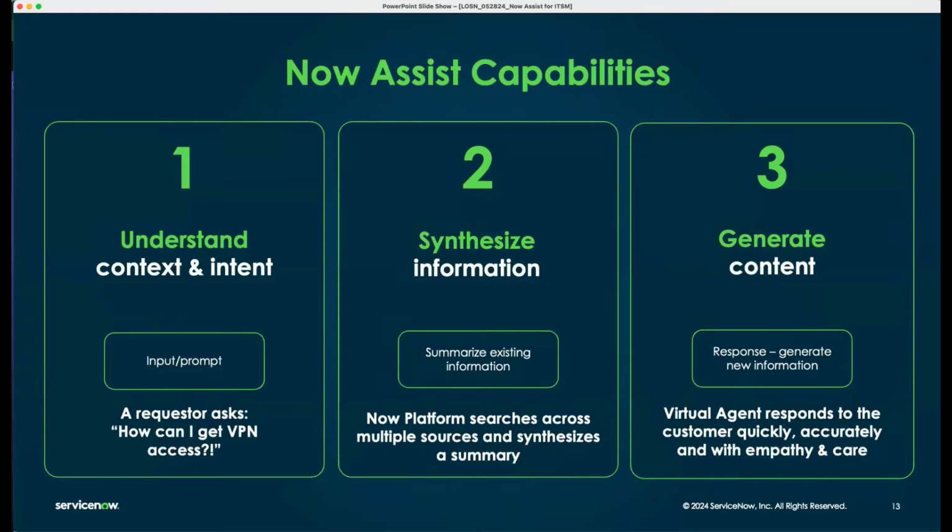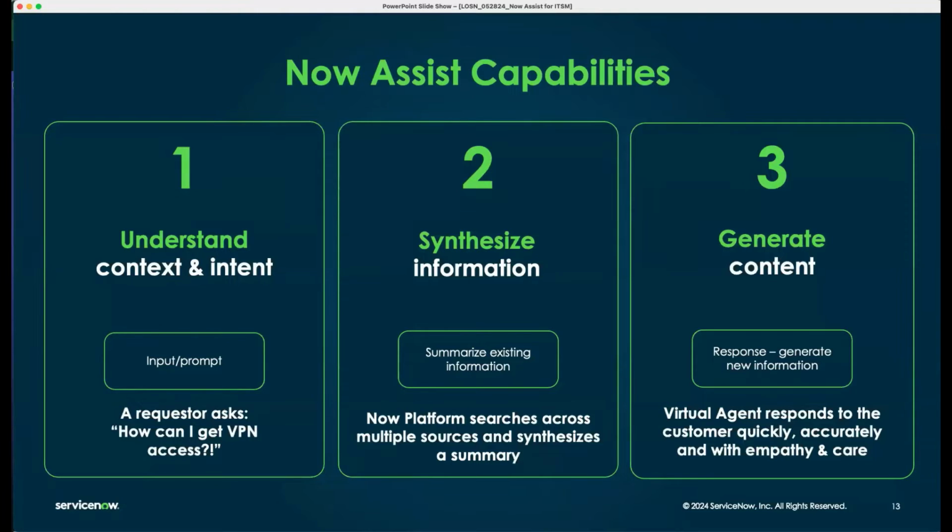Then the next step is to find that information and make it relevant. Sometimes information can be very long text, but make it simple and consumable, so that you, as a requester, can get back up to speed really fast. And the third part is about generating the content.